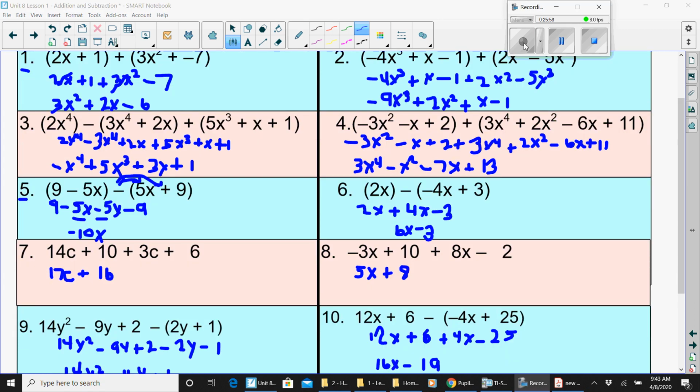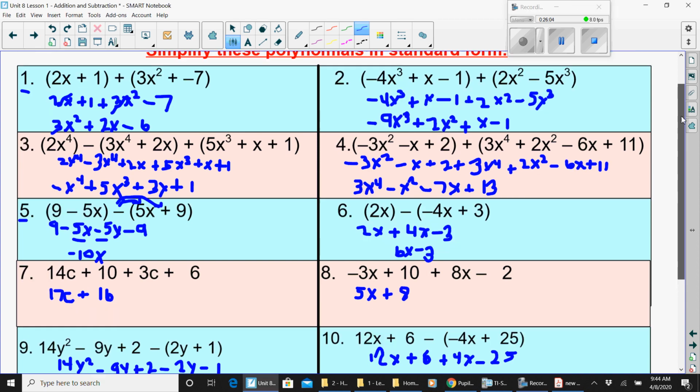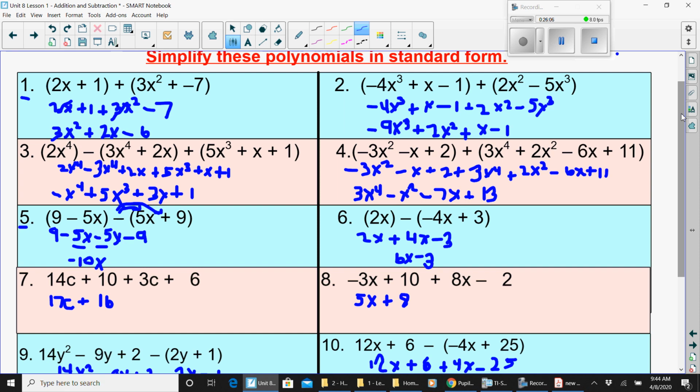Okay, those are all the answers, starting with number 2. It's negative 9x to the third plus 2x squared plus x minus 1. Remember, it has an addition sign in the middle, so all I did was take them out and then combine like terms.